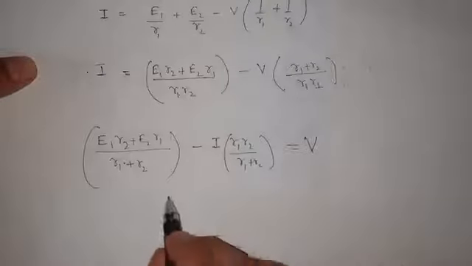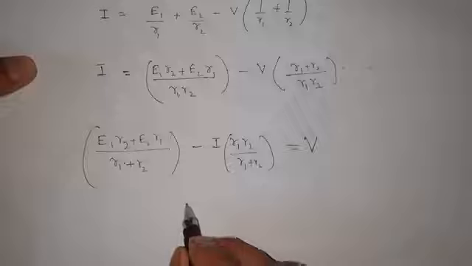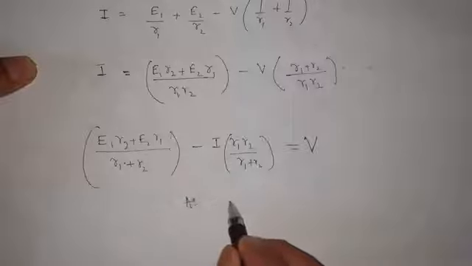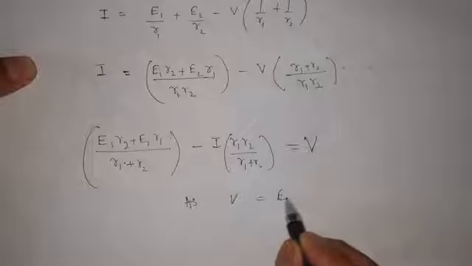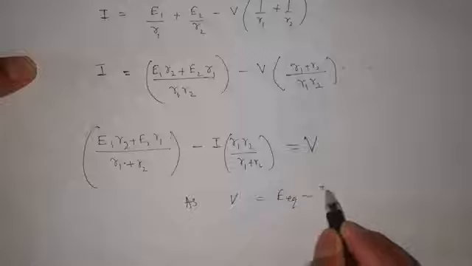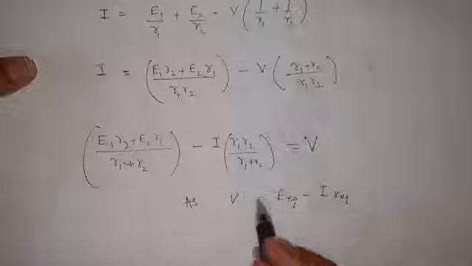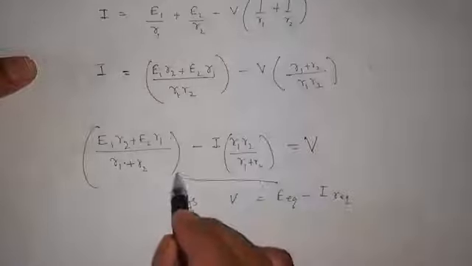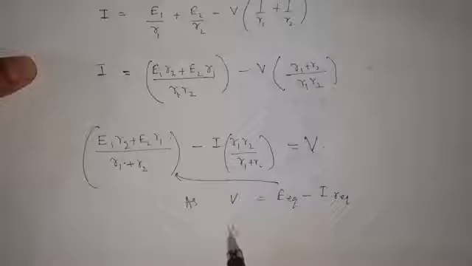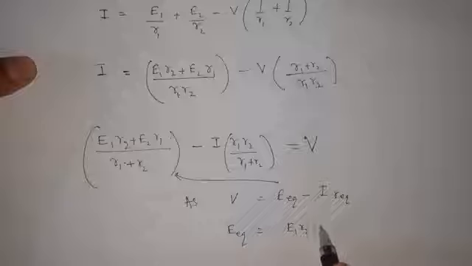Now this terminal potential difference for the equivalent cell is given by E equivalent minus I R equivalent. So from here you can compare, and you will find that this E equivalent is going to be E1 R2 plus E2 R1 upon R1 plus R2.